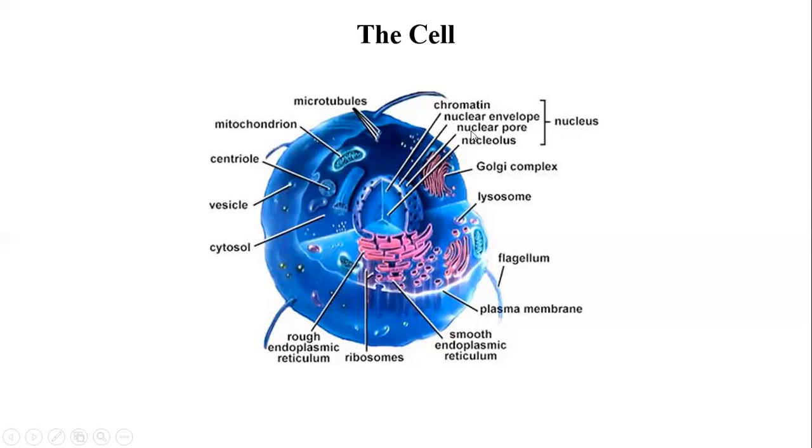So here the most important thing is the nucleus. This is the nucleus, and in the nucleus there is also chromatin, and inside the nuclear envelope, inside the nucleus, we have a genome, basically DNA, which is present inside the nucleus. So there are nuclear pores. You can see that these are the nuclear pores.